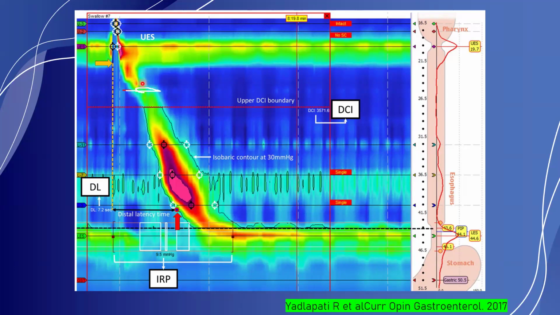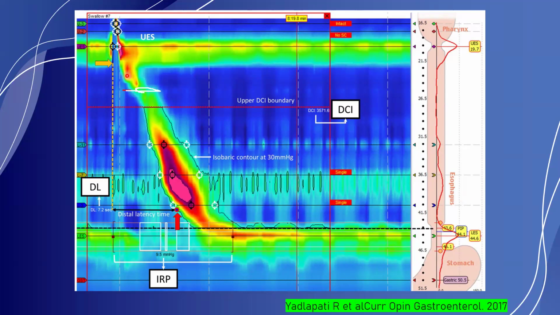So, sir, as we can see, this is the x-axis. The x-axis depicts the time, and the y-axis depicts the esophageal length. Over here, as you can see, this is the upper esophageal sphincter, which is a high pressure zone because we can see the red bar and pink, which denotes high pressure.